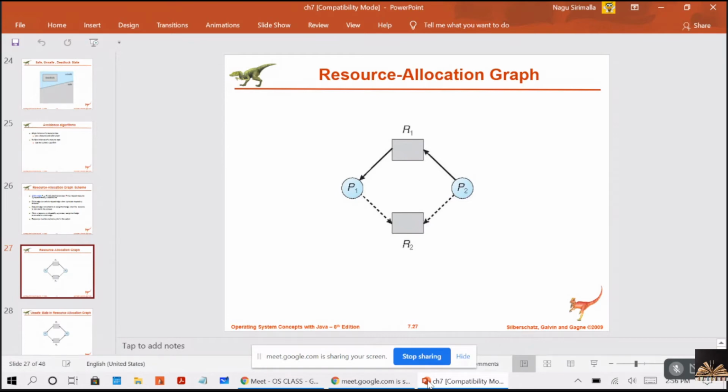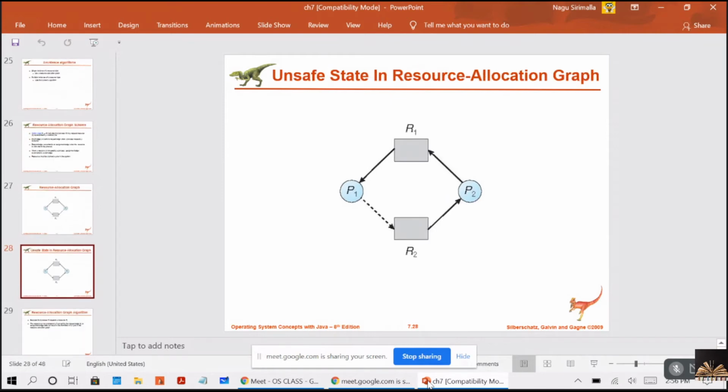ఇక్కడ చూడండి, PI to R1 is there. So in this you can easily see, right? So you have P1, you have ఇక్కడ చూడండి, R2 assigned to P2, P2 requesting R1, and R1 is assigned to P1, and now P1 is requesting R2. But if I assign this, right, if I allow that P1 to request for R2, it is leading to deadlock.